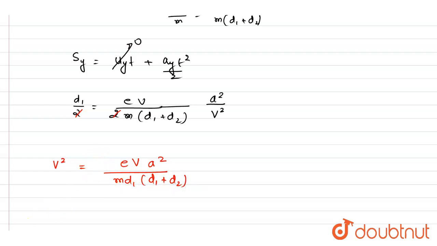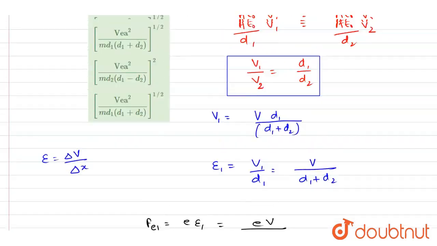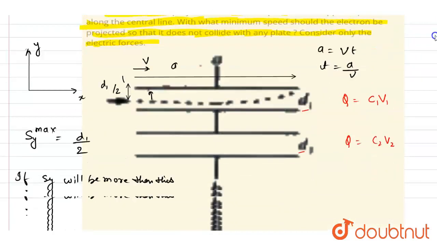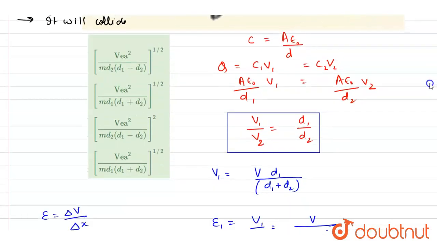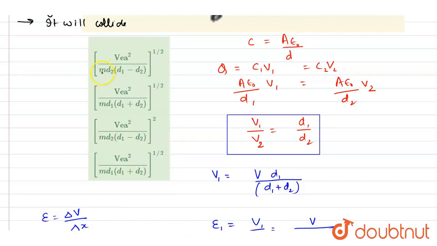Taking the square root, this will be the answer. Now you can check the options: e V a squared upon m d1 into d1 plus d2. So this is option B. Thank you.